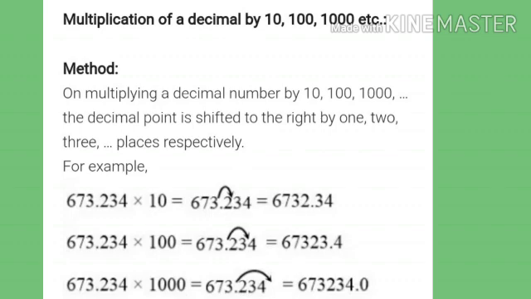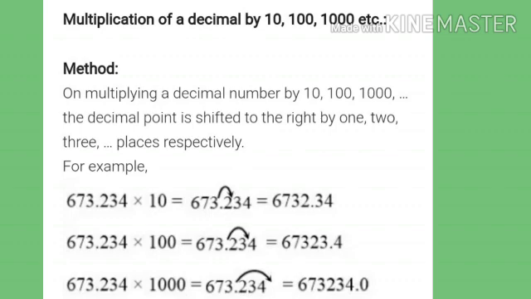Next example, 673.234 is multiplied by 100. Now in 100 there are 2 zeros, so its decimal point will shift 2 places to the right side. It means now it is before 2 and after shifting to the right side it will be after 3. So the product will be 67,323.4.